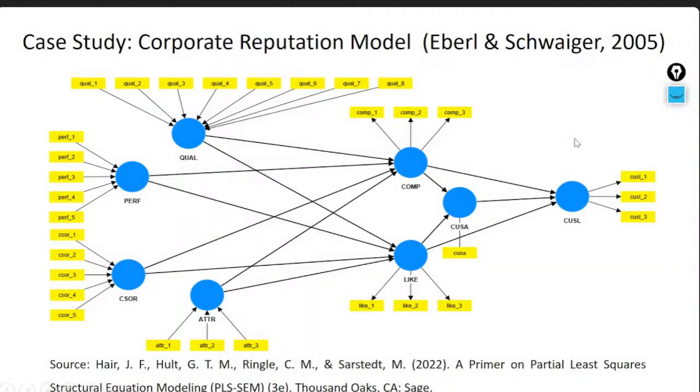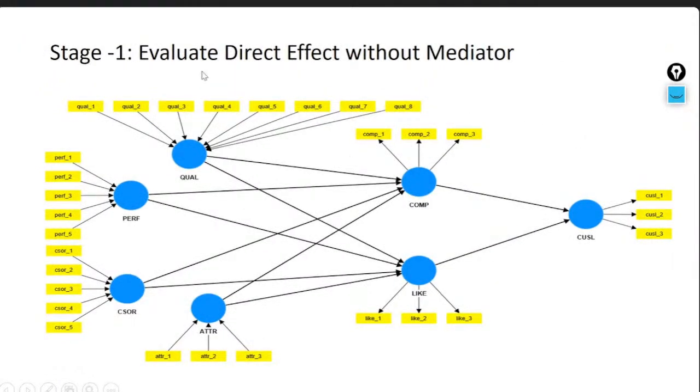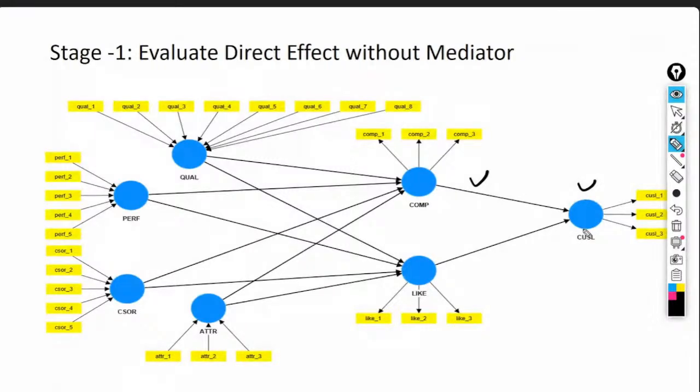Now the first stage: without the mediating variable, I am estimating the direct effect, whether the competence construct significantly influences customer loyalty or not. Same as whether the likability construct significantly influences customer loyalty or not.